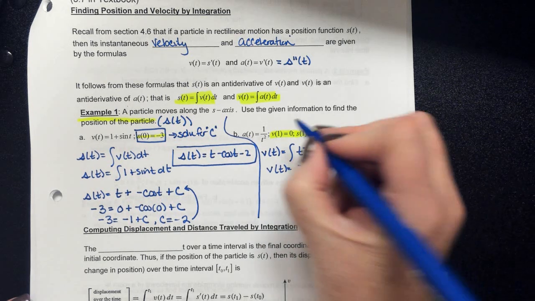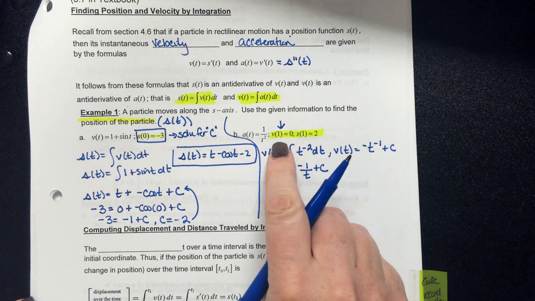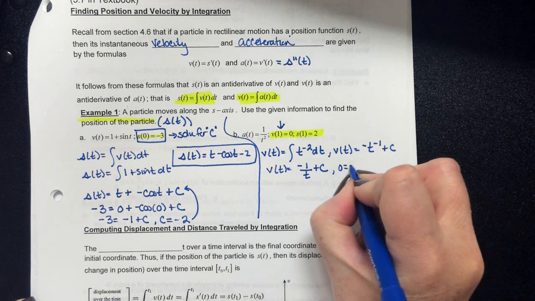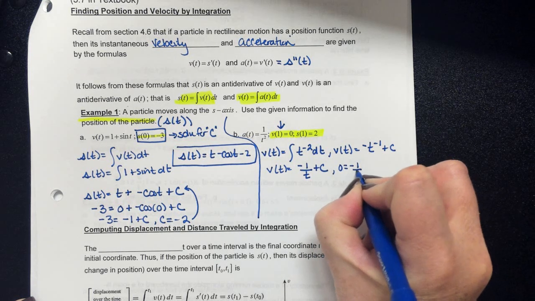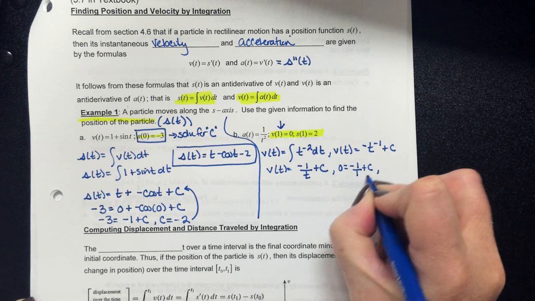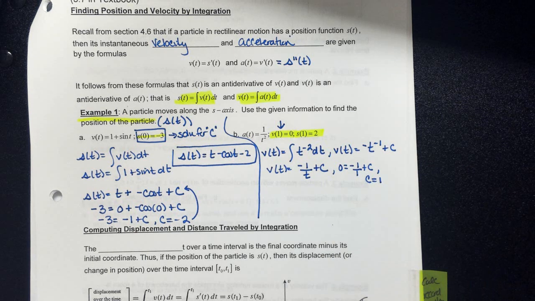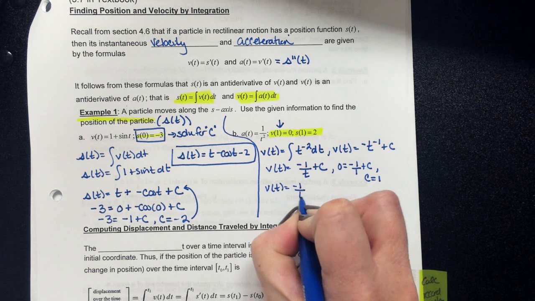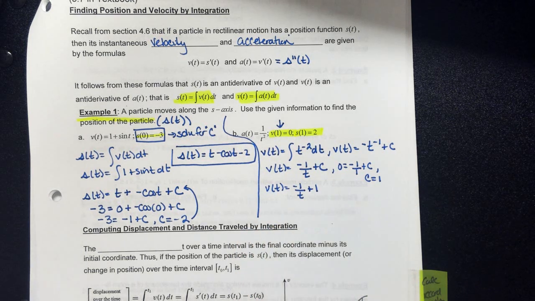Now I'm going to use this initial condition, v of 1 is equal to 0, to help me solve for c. So I'm going to let 0 be equal to -1 over 1 plus c. So c is equal to 1. Then my velocity function, v of t, is equal to -1 over t plus 1.